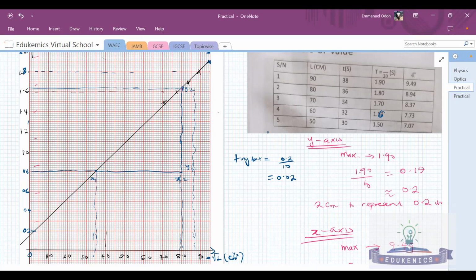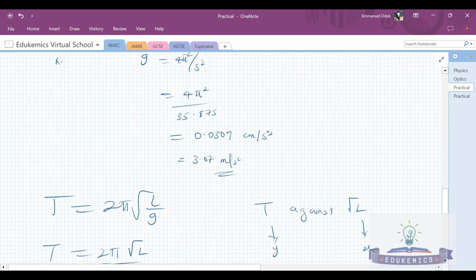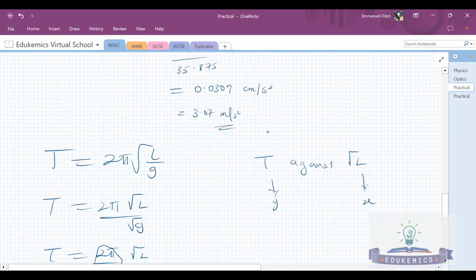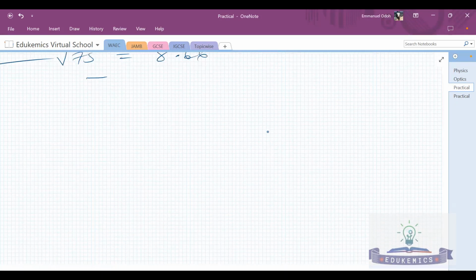My hand is shaking. So this is where it touches the graph. Then you trace it to the time axis. So I have like 1.77. So the value of T there is 1.77.